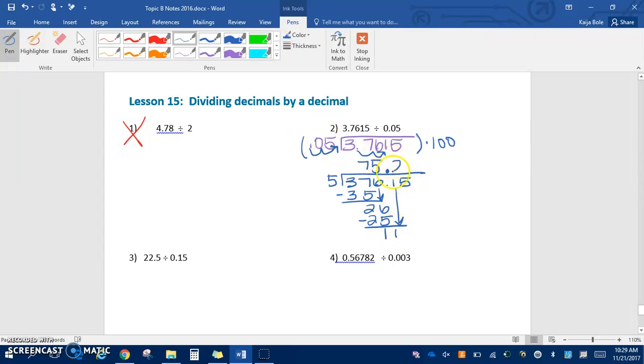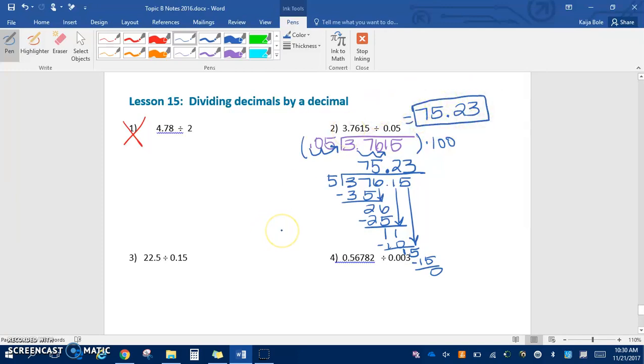And I know that 2 whole groups of 5 go into 11, so I subtract 10, and I'm left with 1. I bring down the 5, and I know 3 whole groups of 5 go into 15. So if I subtract 15, I'm left with 0. So that means that my answer would be 75.23.